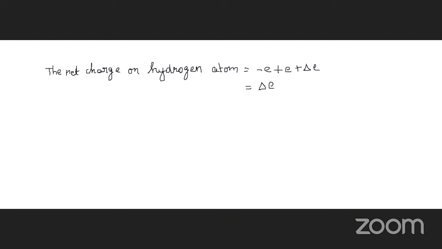Now, what is the electrostatic force between two hydrogen atoms placed at a distance d? So what is the sign of this net charge here? Can anyone tell me? Is it positive or negative, students?